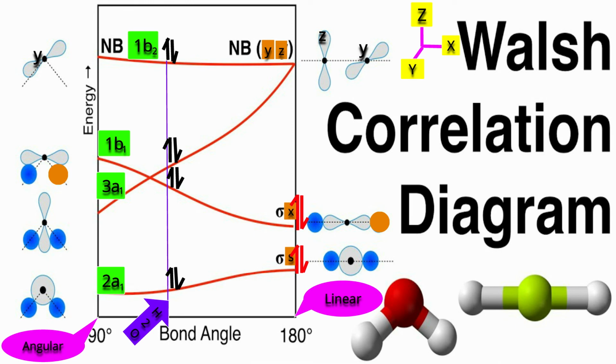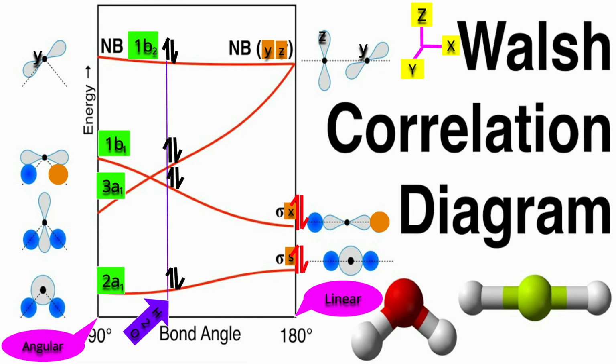In totality, if you observe, the increase in energy at 2a1 and at 3a1 is very much more compared to the decrease in energy. So due to which, what will be the preference for the water molecule? Angular structure. If linear, it will not be more stable. So the angle between the bonds is observed in order to give stability to the molecule. So linear arrangement is not a suitable arrangement for the water molecule.